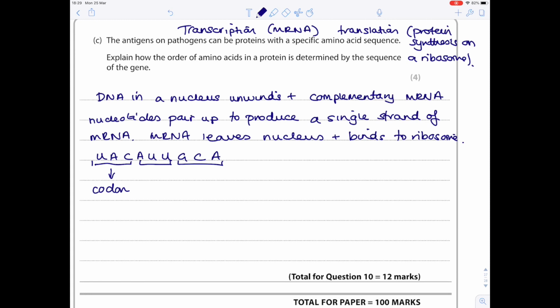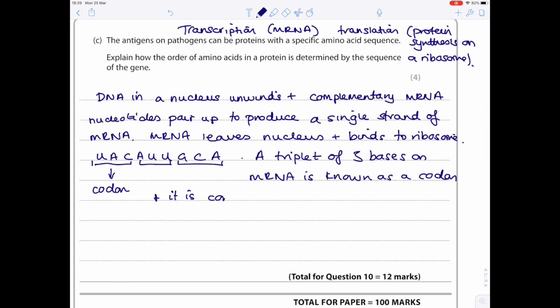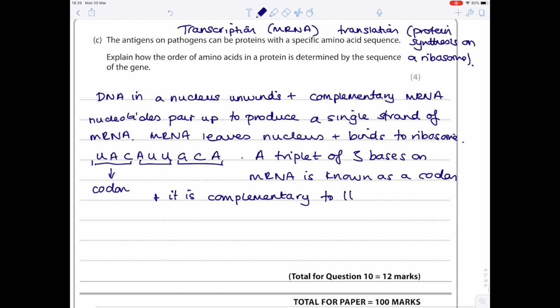So a triplet of 3 bases on mRNA is known as a codon, and it is complementary to the anticodon found on a tRNA molecule.